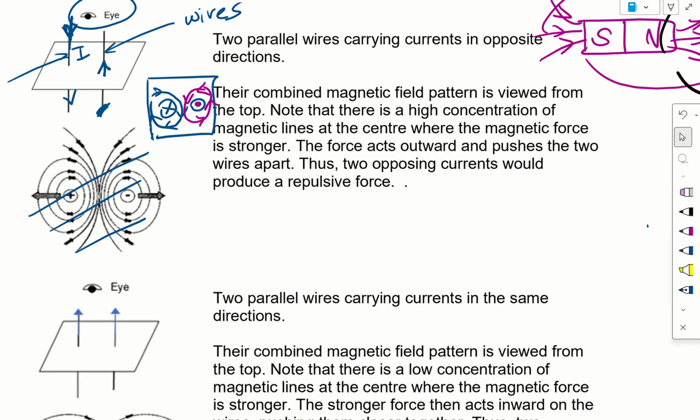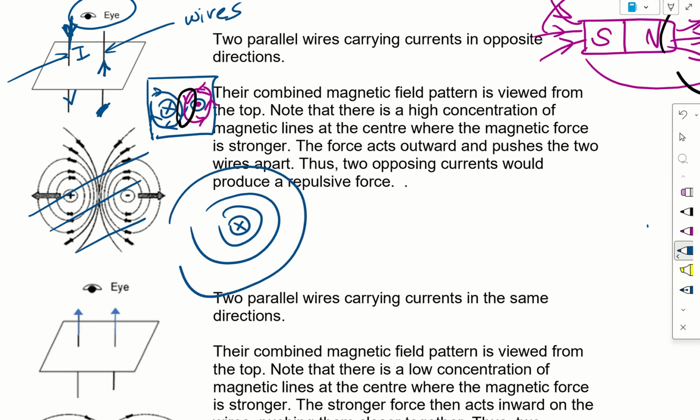Because the magnetic field lines over here are in the same direction, and remember, magnetic field lines cannot cut each other or touch each other, it will go on to look something like this. So this is the direction of the magnetic field lines.